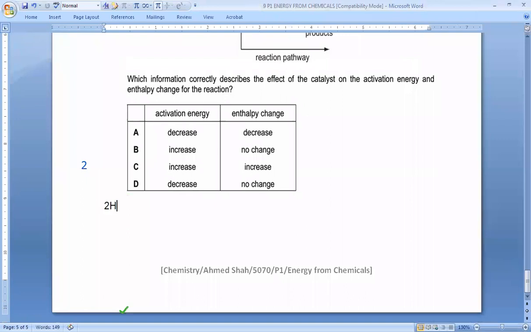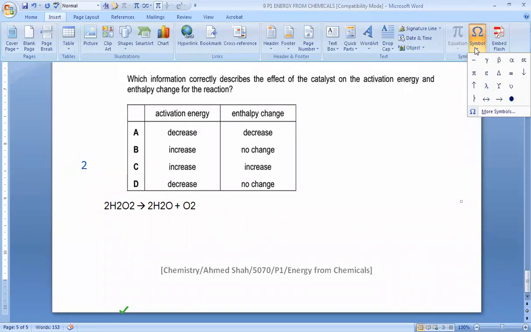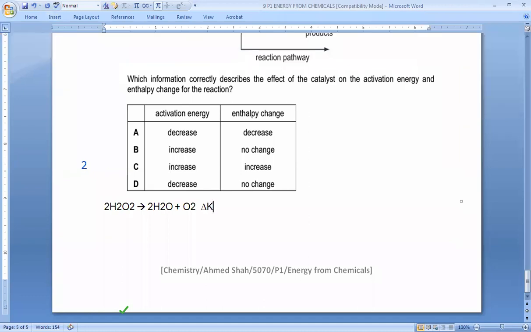Like 2H2O2, this is hydrogen peroxide. When it decomposes, it produces oxygen gas and water. During the reaction, delta H value is 76 kilojoules per mole.